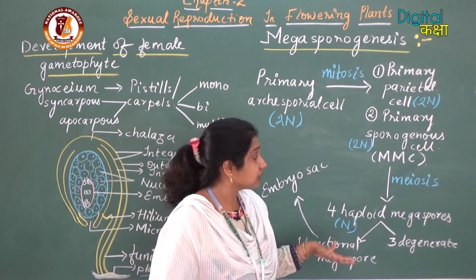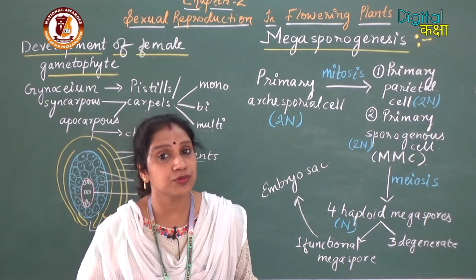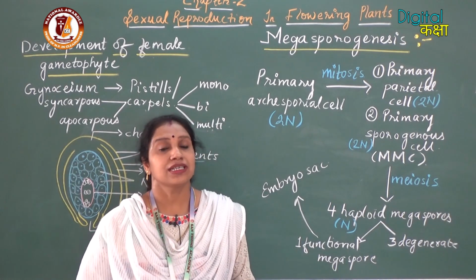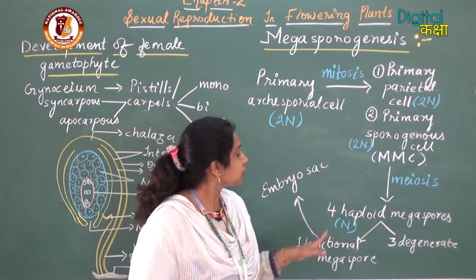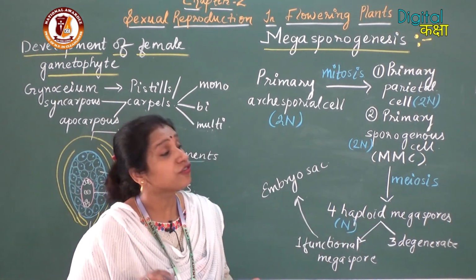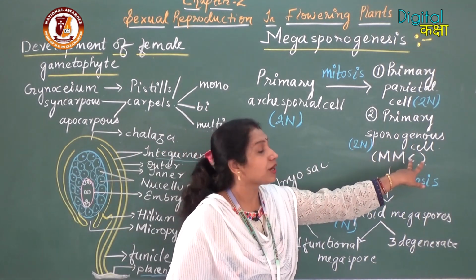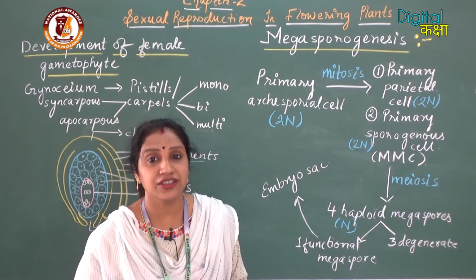Before moving further, let us define the process of megasporogenesis. Megasporogenesis may be defined as the process of formation of 4 haploid megaspores from the diploid megaspore mother cell via meiosis cell division.